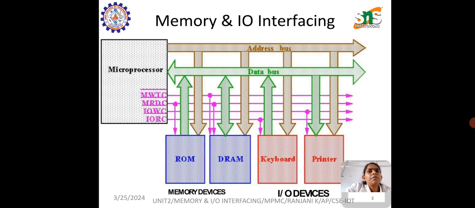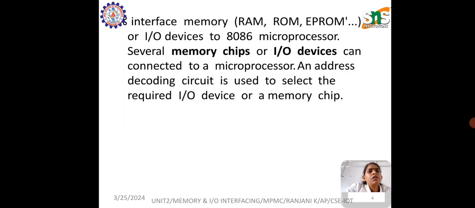These are the ways of communication. In I/O interfacing, RAM, ROM, and EEPROM or I/O devices are connected to the 8086 microprocessor. Several memory chips or I/O devices can be connected to the microprocessor, and an address decoding circuit is used to select the required I/O device or memory chip.